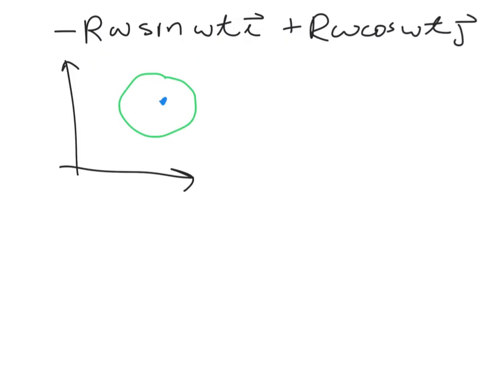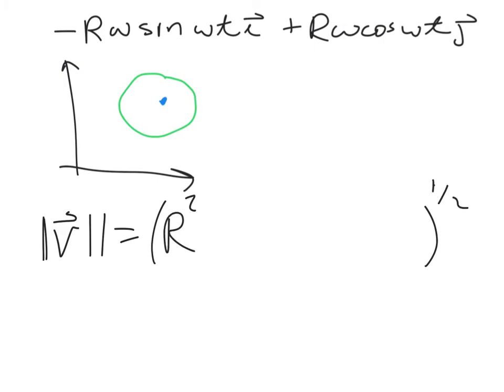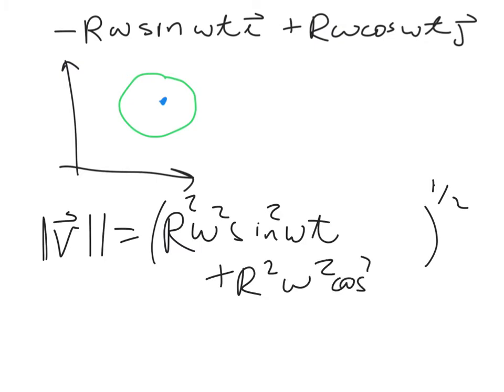Now that we have the velocity vector, let's find the speed. The speed is the magnitude of the vector, and it's equal to the square root of the squares of the components. So we have r squared omega squared sine squared omega t plus r squared omega squared cosine squared omega t.